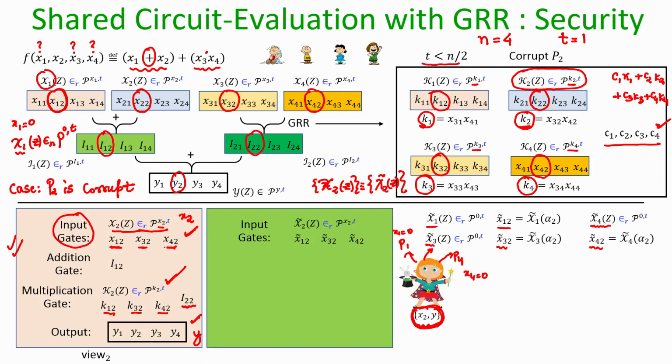And my claim now is the following: if I consider the probability distribution of the share x12 which P2 has received in the MPC protocol, its probability distribution is identical to the probability distribution of the simulated x12 which the simulator is writing down, because this again comes from the fact that x12 is a value on a random polynomial of degree 1, because t is equal to 1, right.